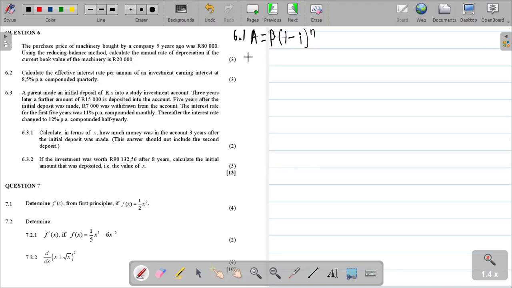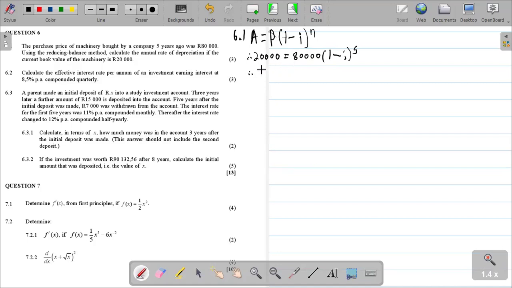So the current book value is what? Is 20,000. So it's 20,000 equals 80,000, then 1 minus i, and then to the power 5. So we divide, so the zeros will cancel out.